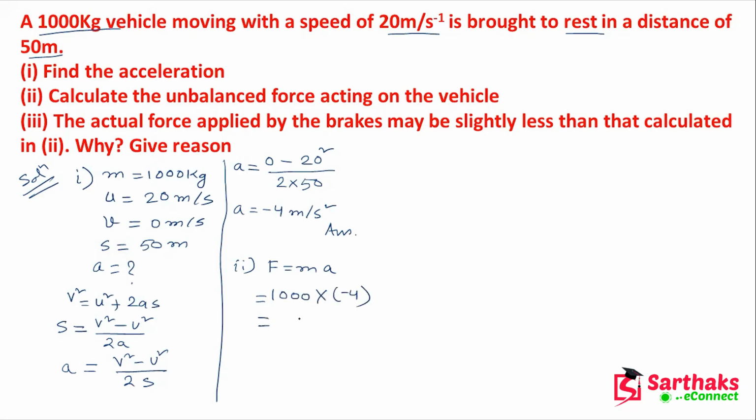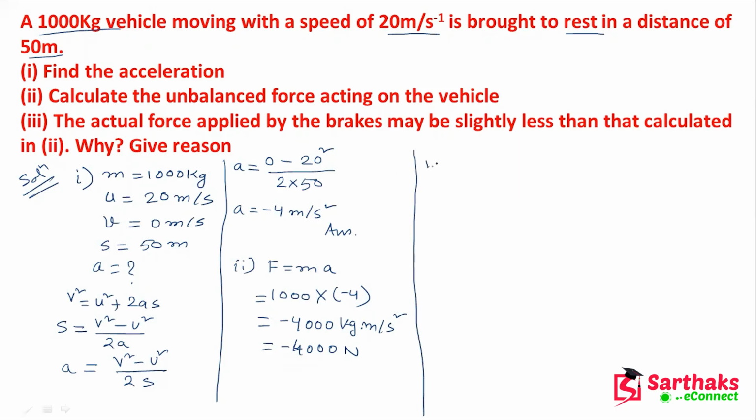That means it will be minus 4000 kg meter per second square, or minus 4000 Newton. This minus is for the direction. So I can write the magnitude of the force is 4000 Newton.